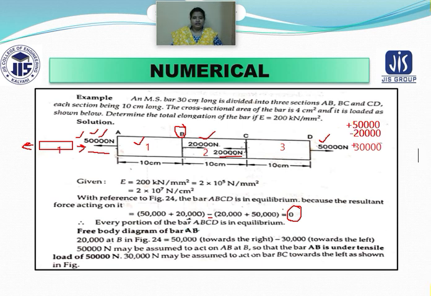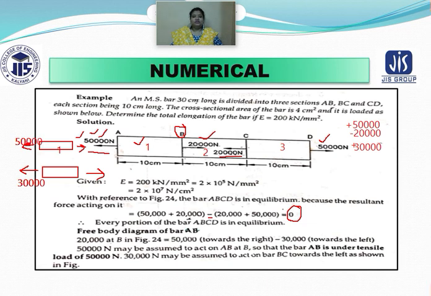So for the B and C portion, if you draw the bar again, you will also get a tensile load. How much? 30,000. So for bar 2 you have got a load of 30,000, and for bar 1 you have 50,000.